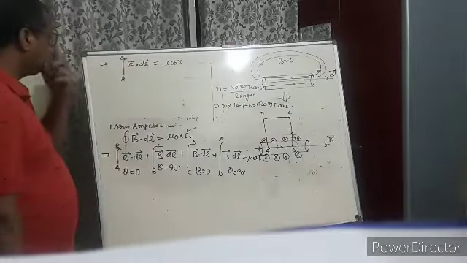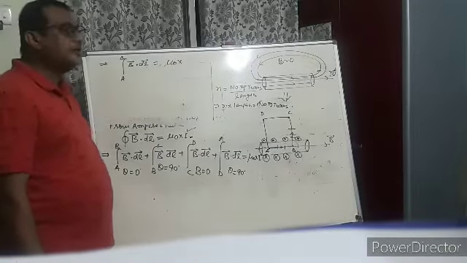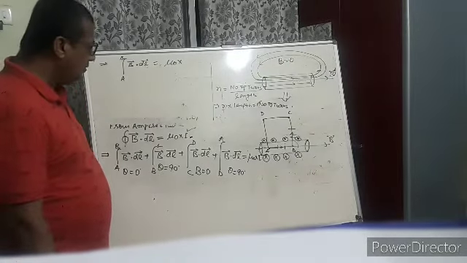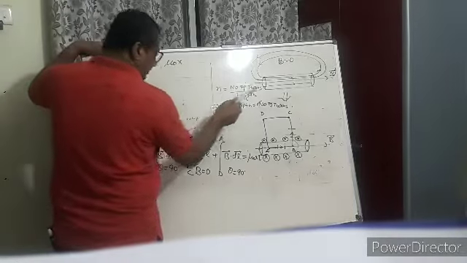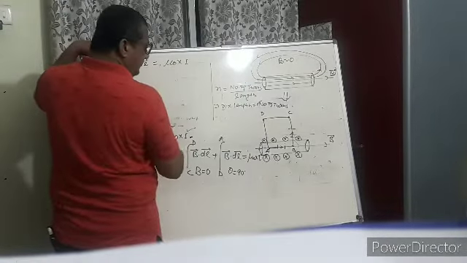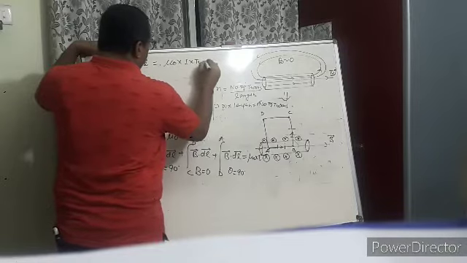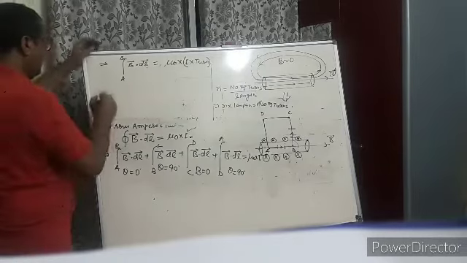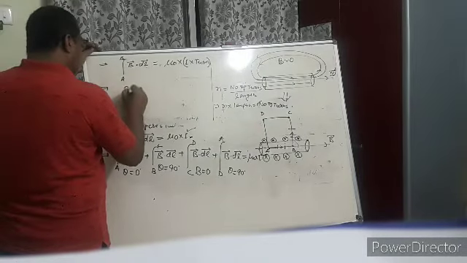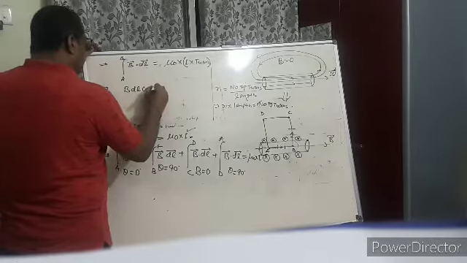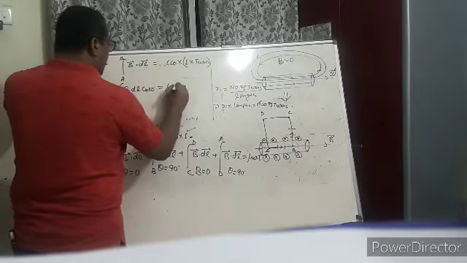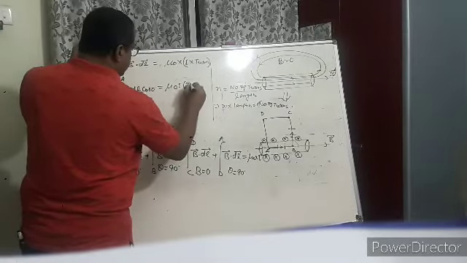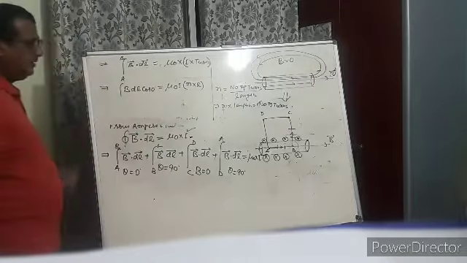Now we have to write the total current enclosed in this Ampere loop. In one turn, current I is there, so we multiply I by the total turns. Then B dl cos 0 degree is equal to mu naught I, and turns is n into L, where L is the length of the core.